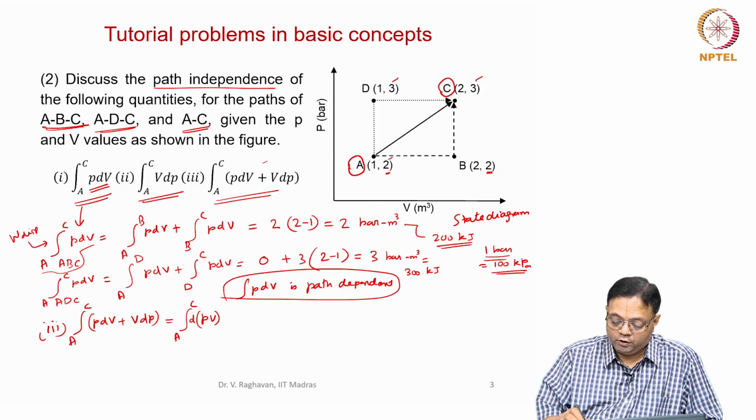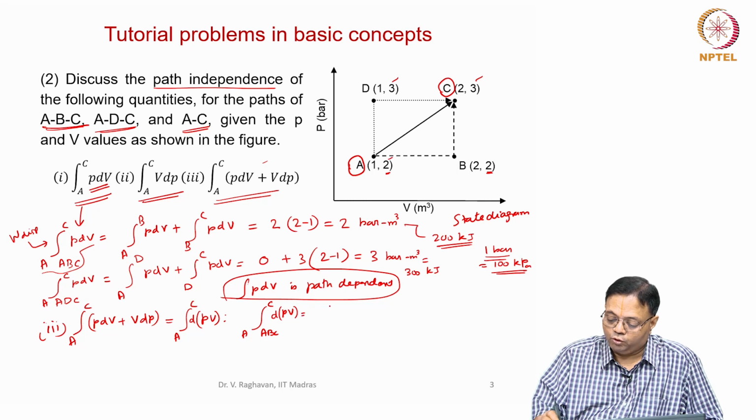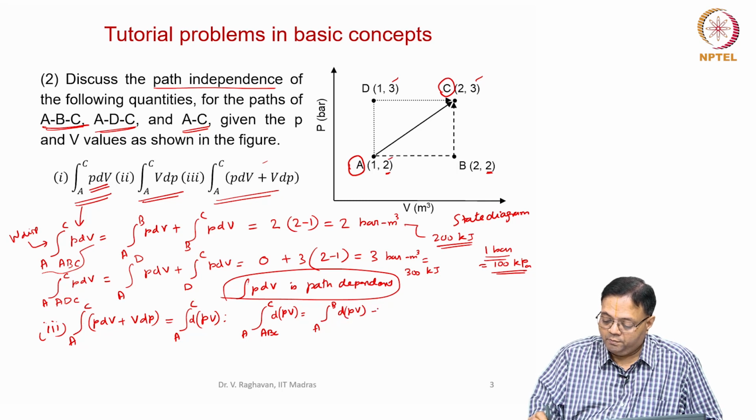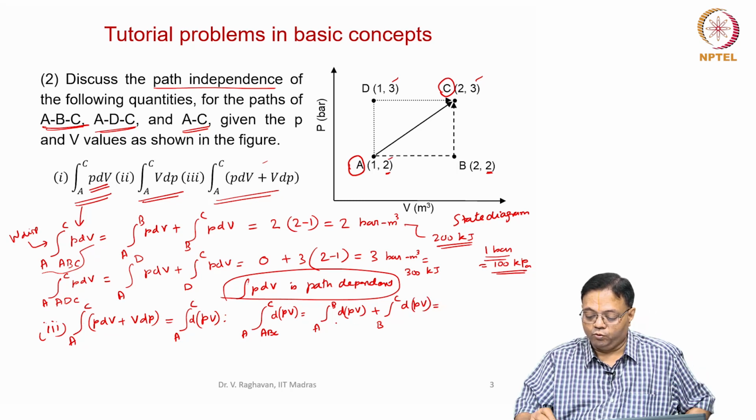So, now in the path ABC, integral d of PV will be equal to integral A to B d of PV plus integral B to C d of PV. So, which is equal to what?